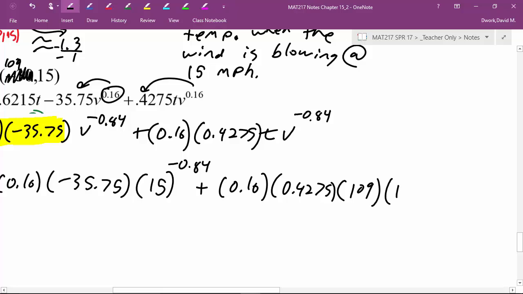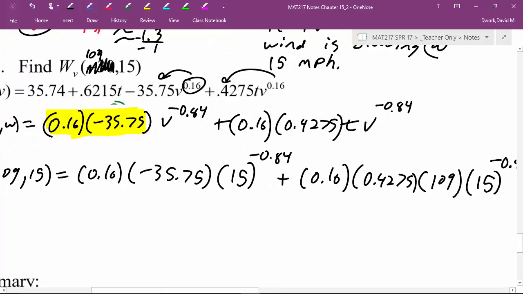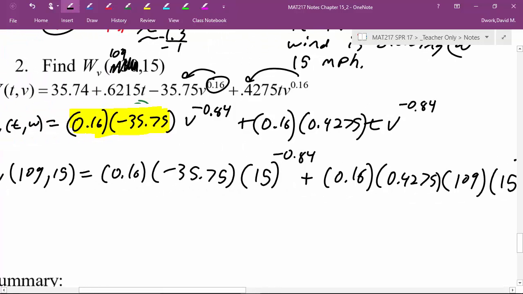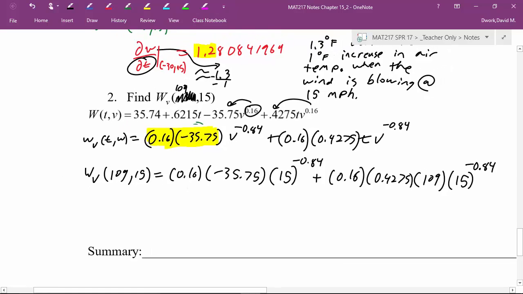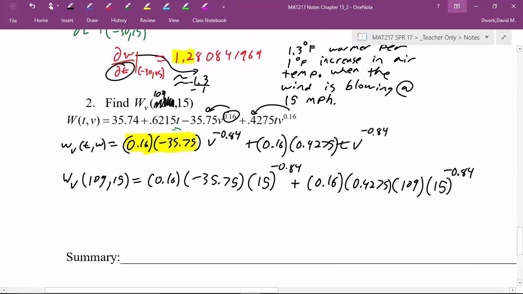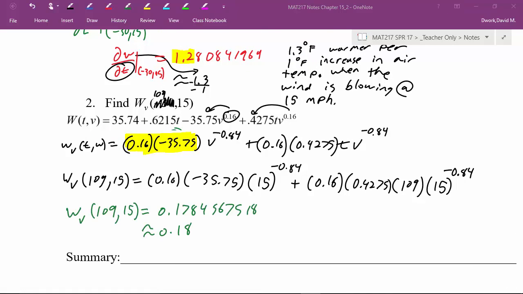Oh, the days of summer. And the velocity again is still 15. Is negative 0.84. So you type that in your calculator and we're going to figure out what we're looking at. I'm going to pause the video while I do that.